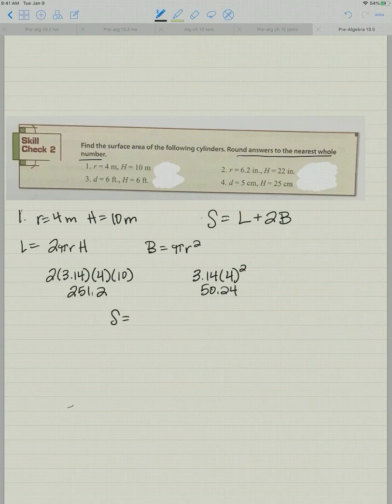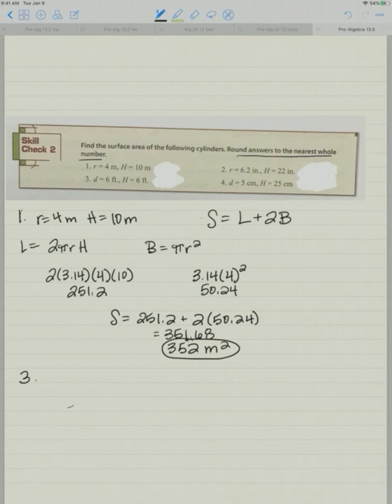Big S is equal to 251.2 plus 2 times big B, 50.24, which gives me 351.68. I'm going to follow the instructions that say round to the nearest whole number. So 352 meters squared.